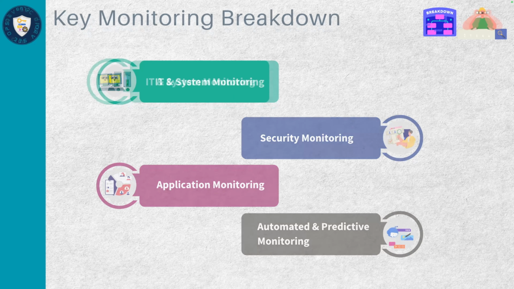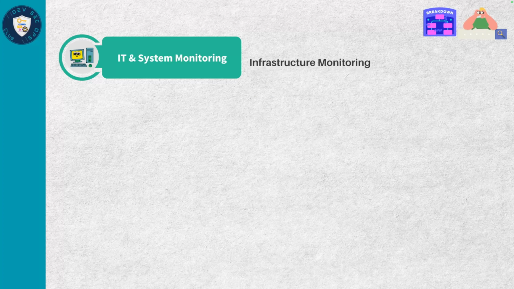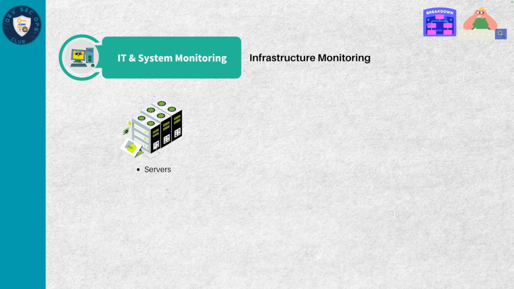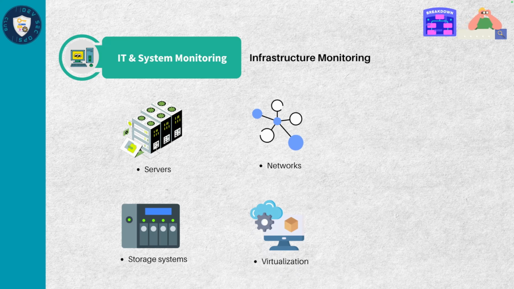Let's start with infrastructure monitoring. Infrastructure monitoring is all about tracking the core components of an IT system to ensure stability, efficiency, and reliability. It includes monitoring servers, network, storage systems, and virtualization, where you monitor your virtual machines, ESXi hosts, containers, Kubernetes pods, everything, and overall hardware health as well.